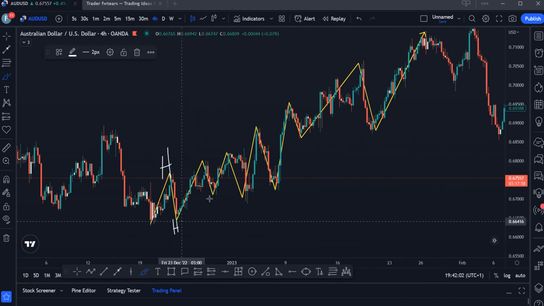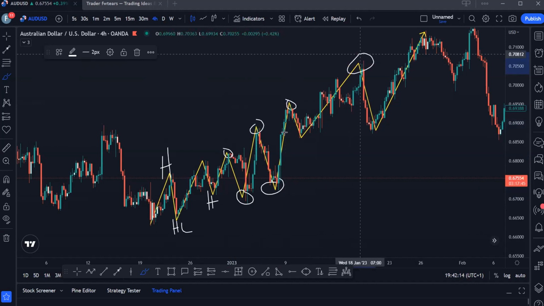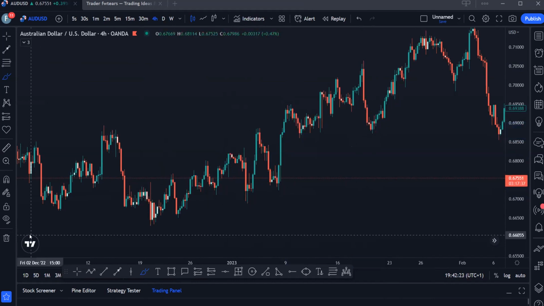Okay, I'm just circling higher lows, higher highs. So when you spot that price is in an uptrend, you want to be looking for buying opportunities at higher lows, right? It's as simple as that. So in an uptrend, you're looking to buy, and in a downtrend, you are looking to sell.